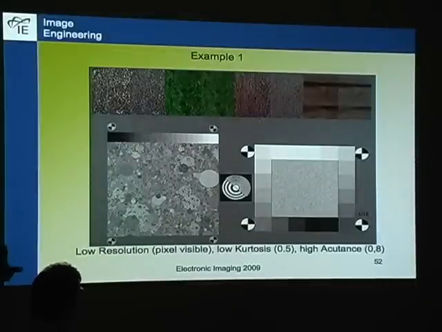So this is taken with a camera that had a low resolution due to a low pixel count, so a low sampling rate. The measure was a low kurtosis value, so it didn't do much nonlinear image processing, but it had a high acutance value, so the sharpness was very good.